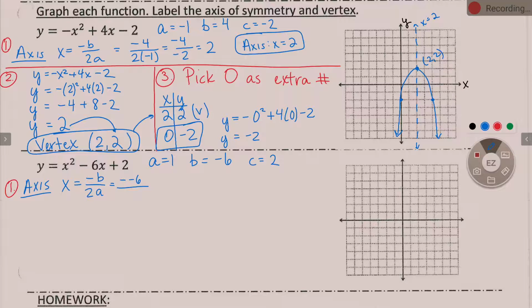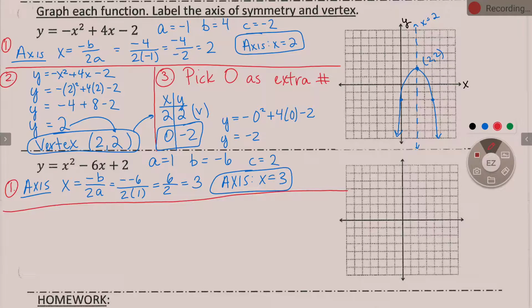Okay. 2a, 2 times 1. So 2 times 1 is 2. Negative of negative 6 is 6. 6 divided by 2? 3. So my axis of symmetry is, but not just 3. Well, x equals 3. x equals 3. There we go. Oof, that line was not very straight.